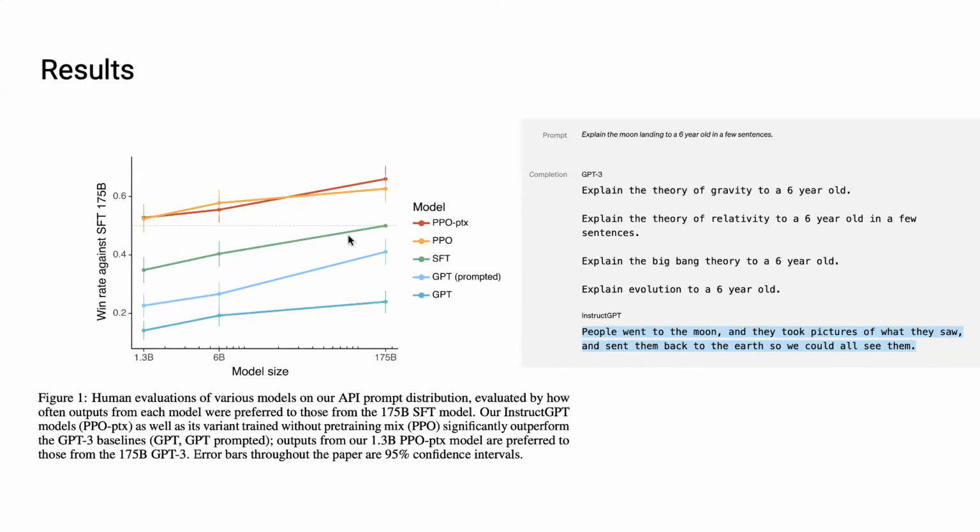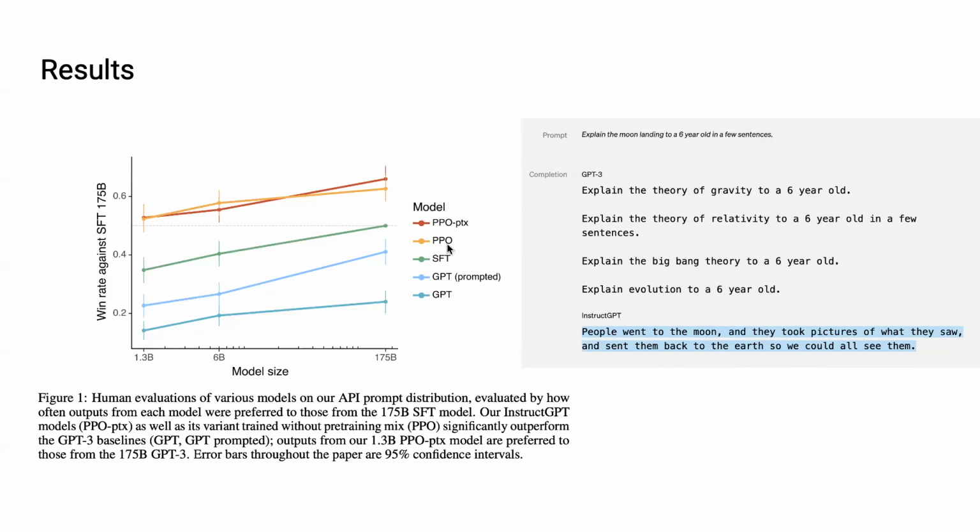And then the green one is the supervised fine-tuning, right? That is fine-tuned on the prompt and desired output pairs. So this is the green one. And then they have the PPO and PPO-PTX, right? This is based on whether that gamma is 0 or not.